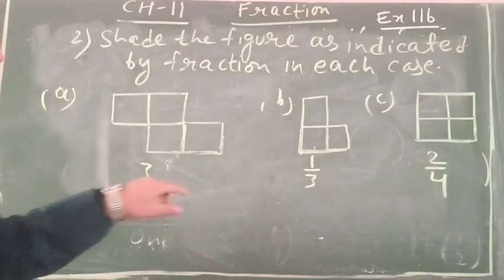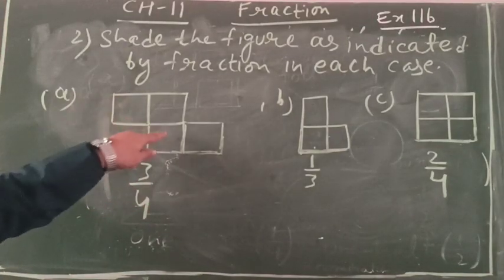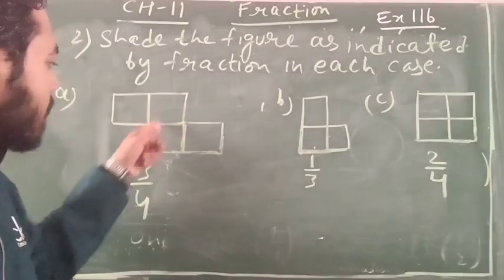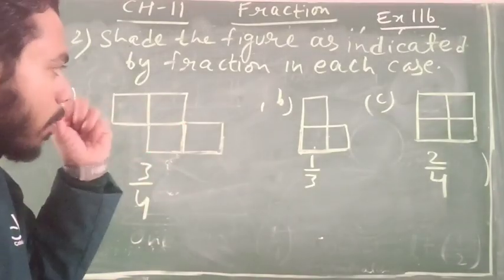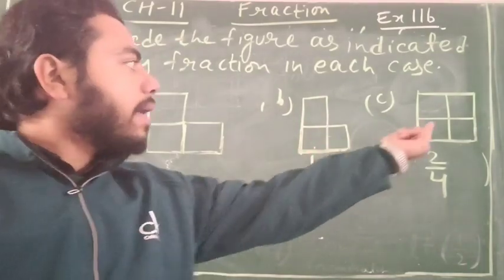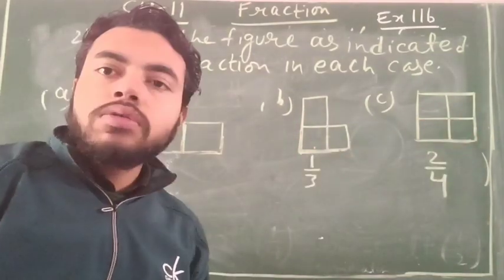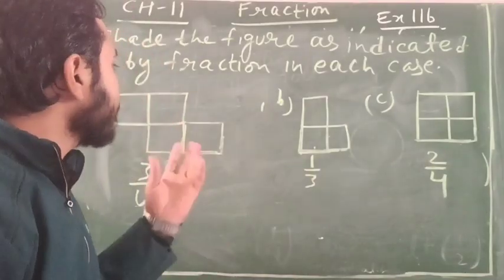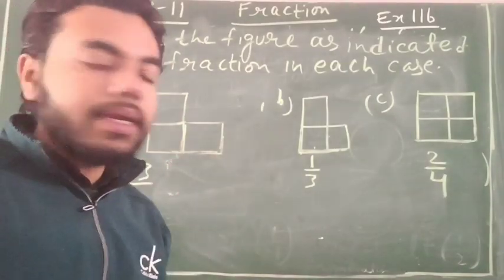So for 3 by 4, you have to represent 3 by 4 in this figure, and in this 1 by 3, and in this 2 by 4. So you have to set the part as the fraction is telling.